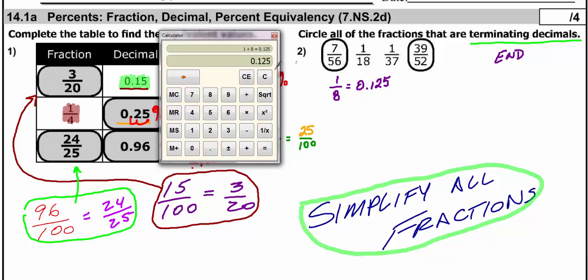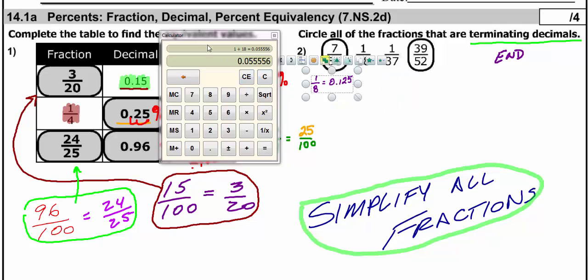As for the next two, 1/18, 1 divided by 18, you can see that gives us something that does not end, does not terminate. So that one does not terminate.